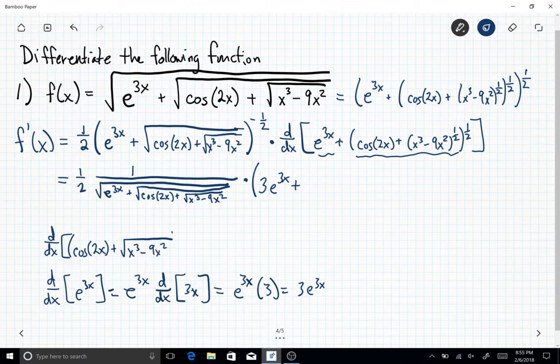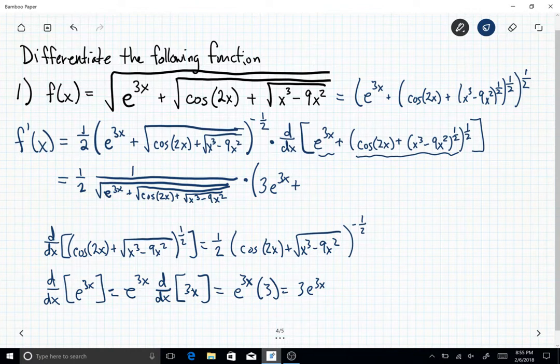That's the 1/2 power. And then this whole thing is raised to the 1/2. What do we do? Well, we start with the 1/2 times all that junk. So the cosine of 2x plus the square root of x cubed minus 9x squared. And then it's raised to the 1/2 minus 1, which is negative 1/2 power.